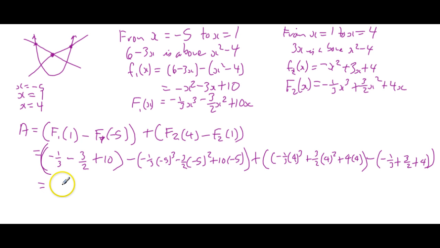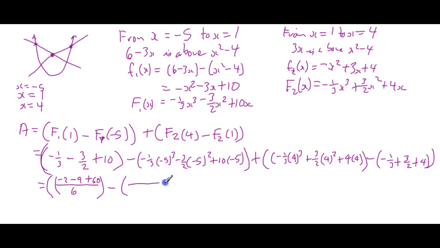Okay, so negative 1/3, I think we worked that out at some point before. Nope, maybe not. So let's throw that over 6. So over 6, we've got negative 2, this will be multiplied by 3 minus 9, and this will be plus 60. Minus, this will be negative 125, so this is 125 over 3.